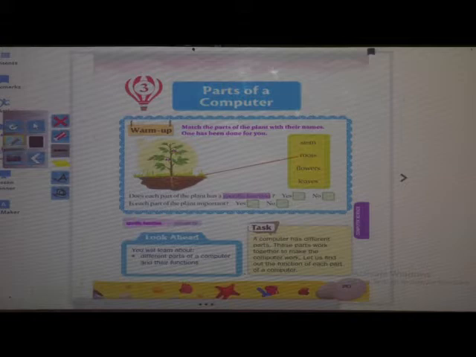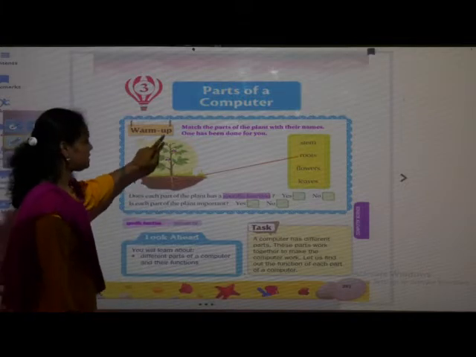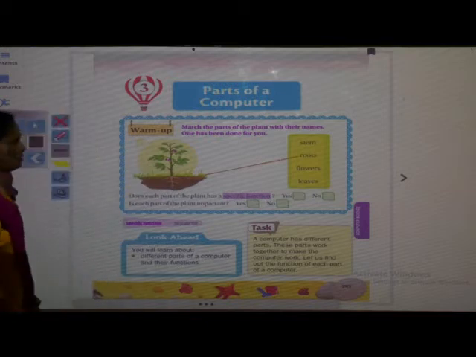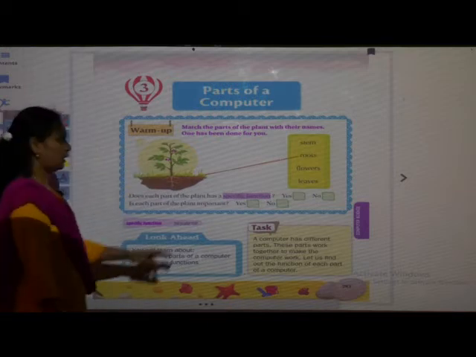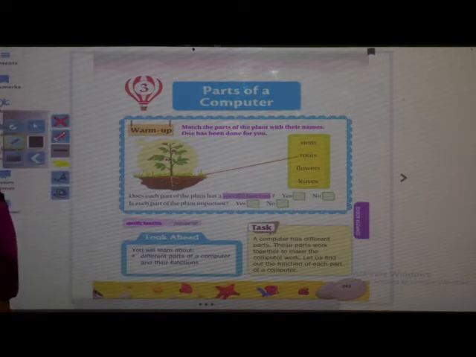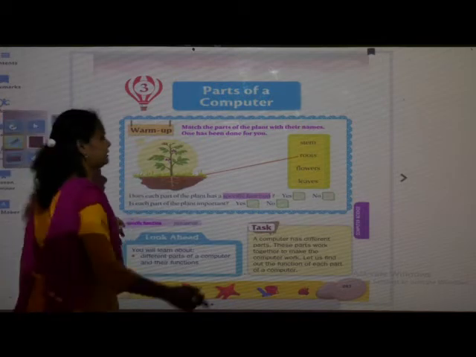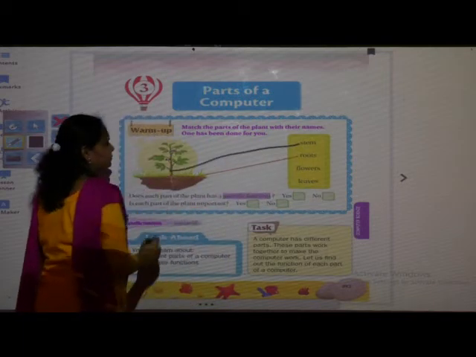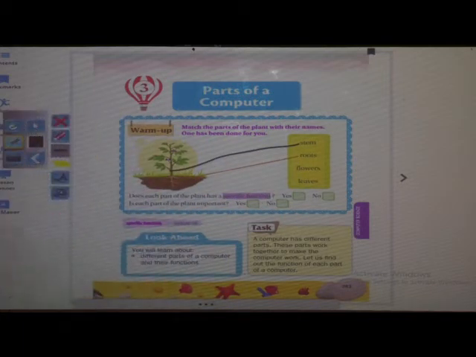Okay, next, which one will we do? Stem. Okay, first is stem. So can you tell me where the stem is? Point on your book. It is here. So you have to join it to stem. Very good.